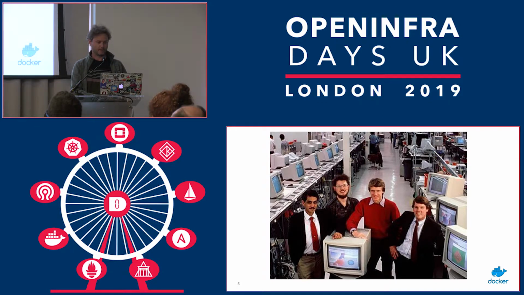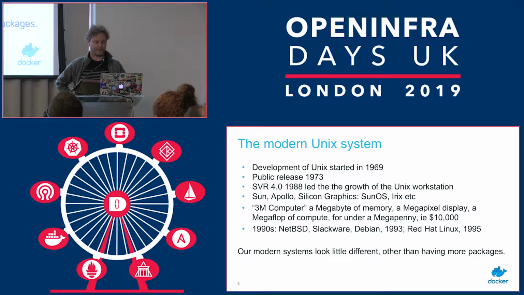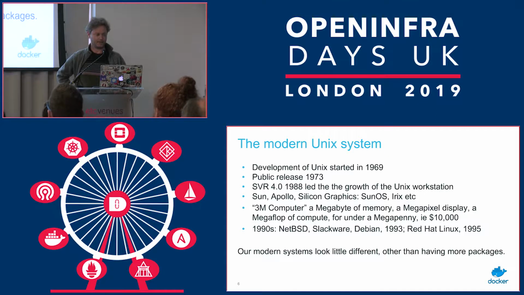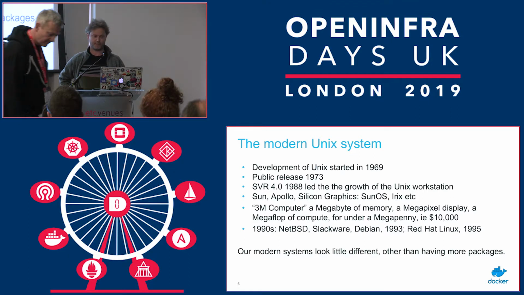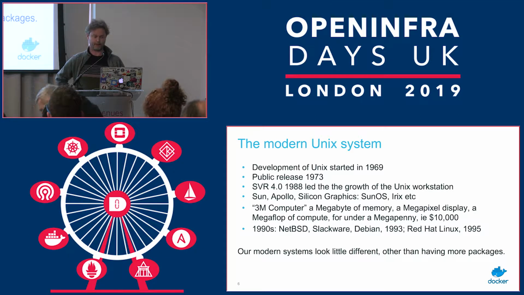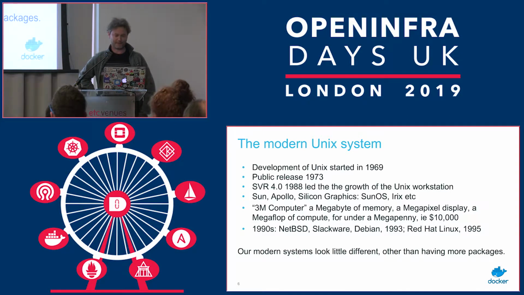It has a graphical user interface and the Unix command line, and is really not too far away from the computers we have today. There was a great idea back in the late 90s, the 3M computer: a megabyte of memory, a megapixel display, and a megaflop of compute for under a megapenny, which is $10,000. And we still have that.